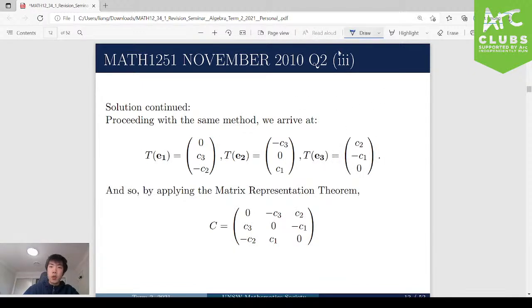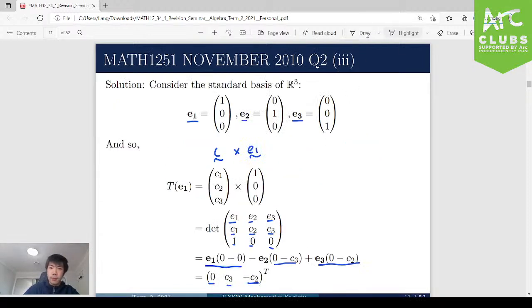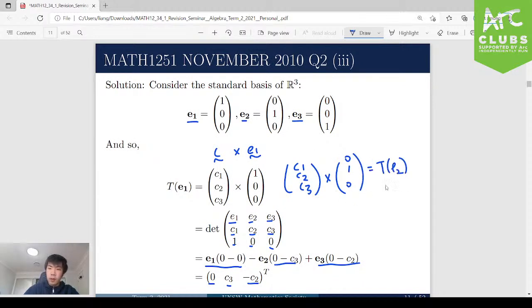Then if you did the same thing with T of E2 and T of E3, you would realize that these would be the vectors you get. Okay? That would be quite simple. You just plug in E2 and E3 into this exact same methodology here. You would just take C1, C2, C3, cross product with 0, 1, 0 instead, that would be for T of E2, and C1, C2, C3, cross product with 0, 0, 1 instead for T of E3.